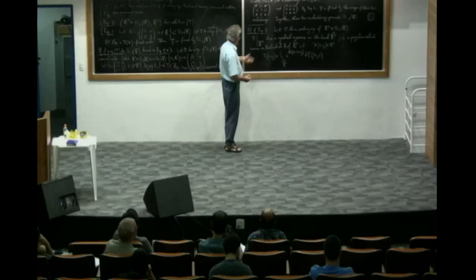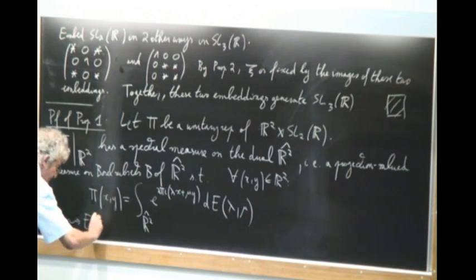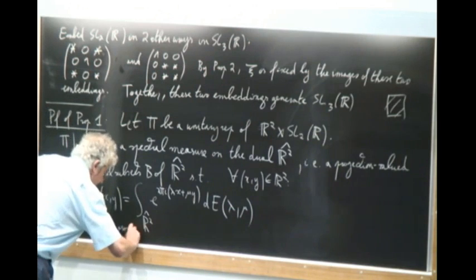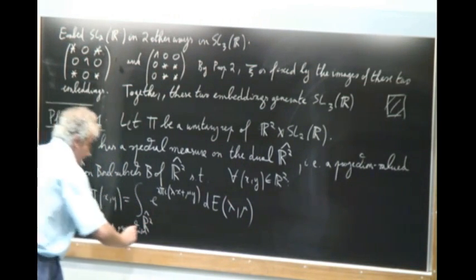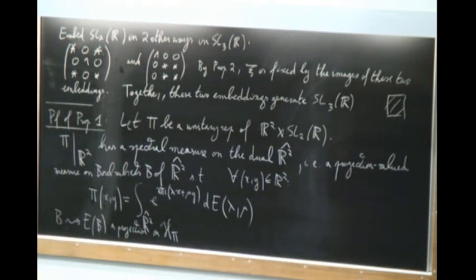So remember how it goes. This projection valued measure: for every Borel subset B, we associate E of B, which is a projection operator on the Hilbert space of pi.